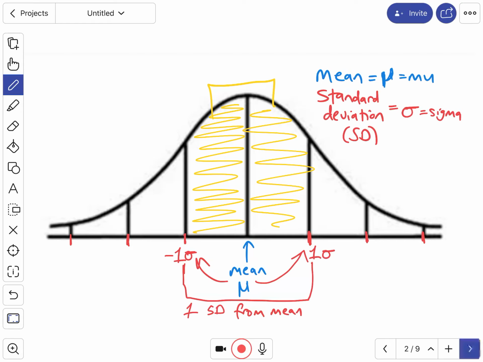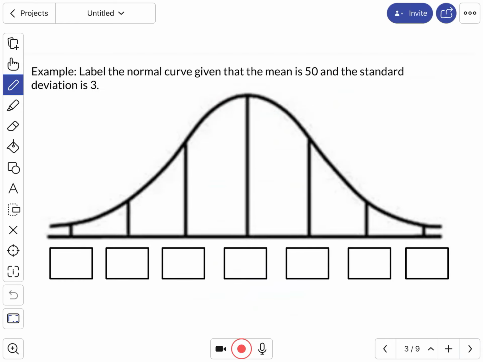So now I'm going to go to the example here. Here you have a mean of 50, and again, I can use this symbol if I want to. This is 50, the mean. The mean is the value right in the middle of this normal curve here.